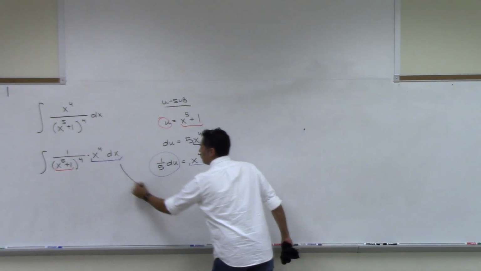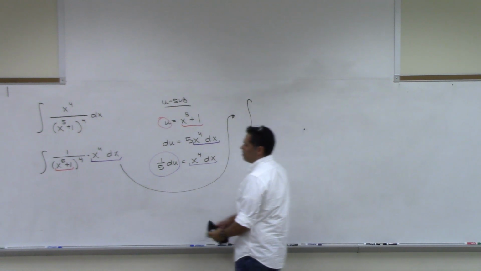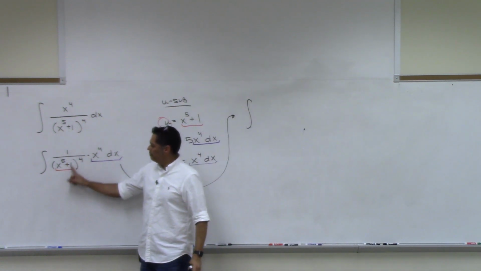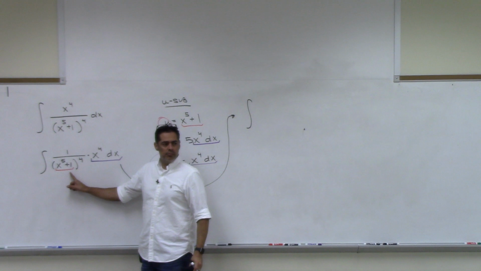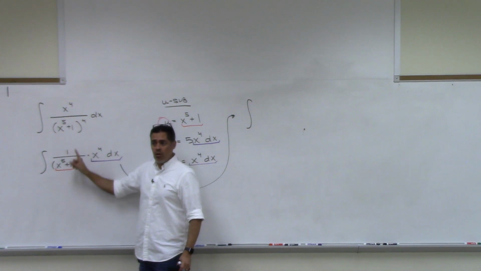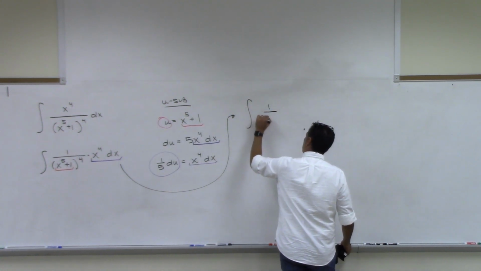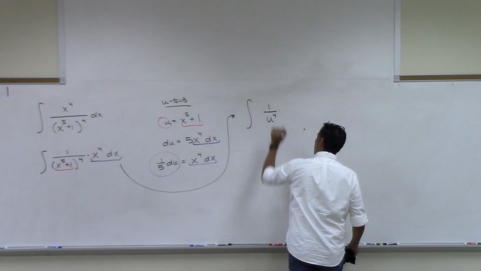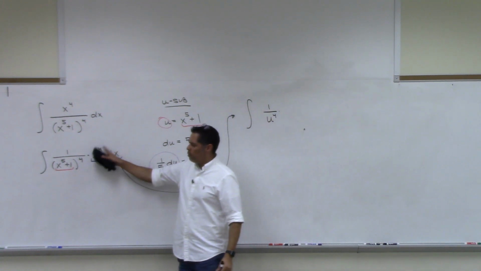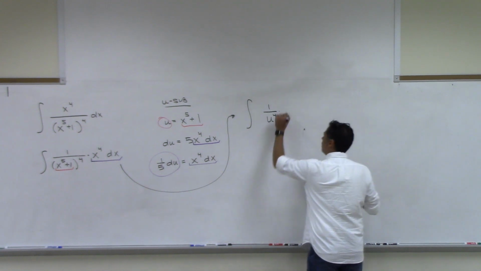We're going to rewrite this integral now. All right, what does this become right here? 1 over u to the 4th power, right? 1 over u to the 4th power times, now what's the x to the 4th dx turn into? 1/5 du.